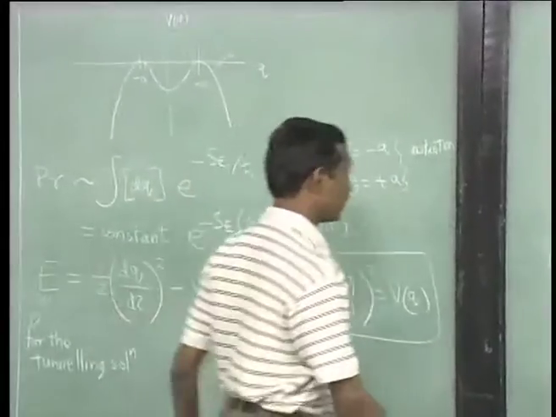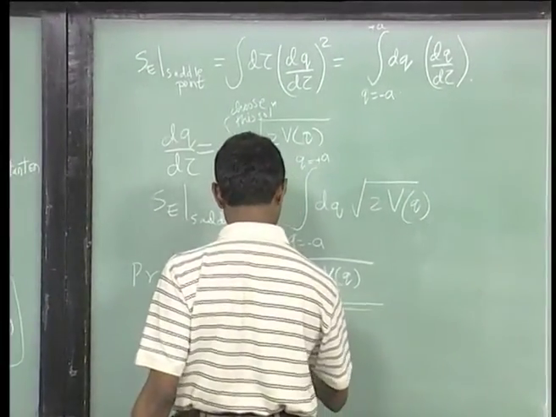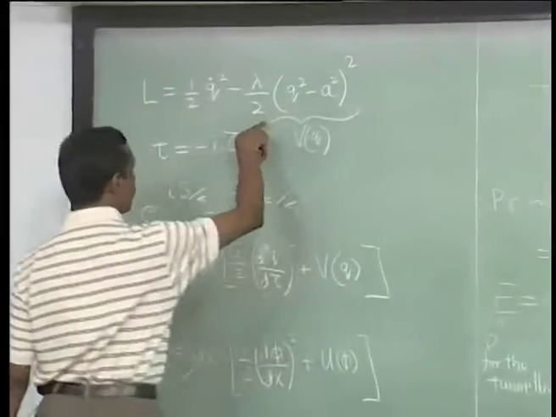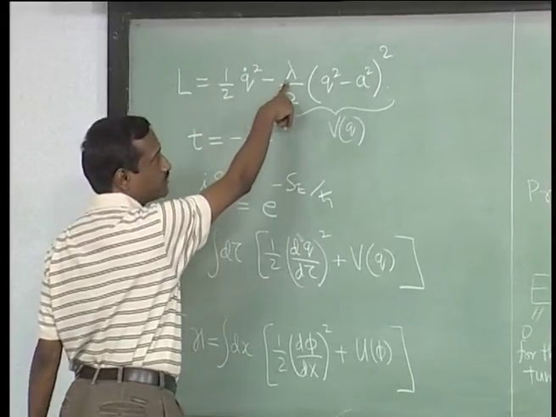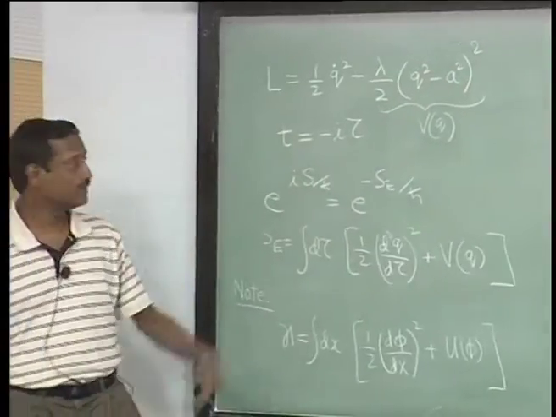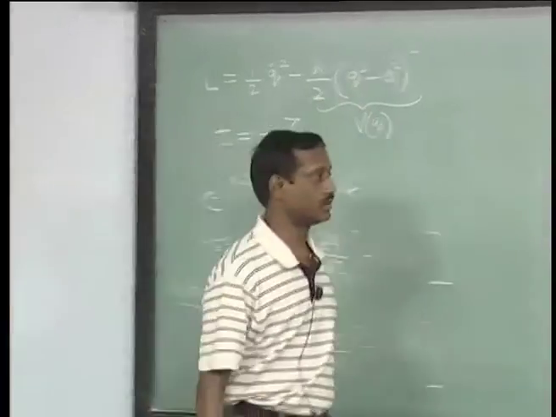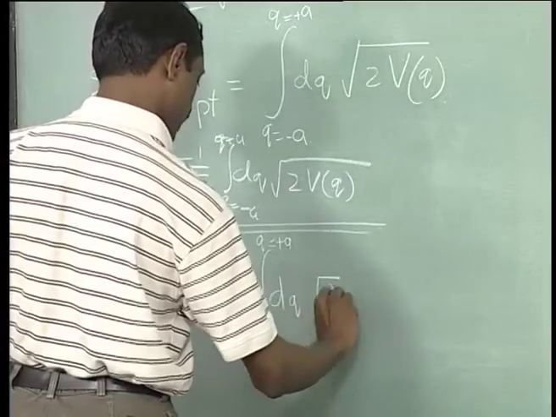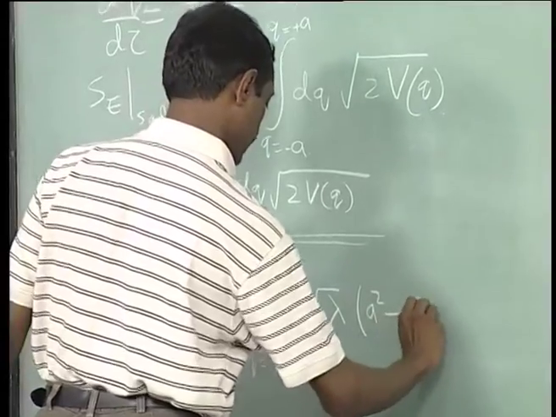So, 2 times that, the 2 will go away. I am left with the square root of lambda times the square root of this thing, but I have to make sure that it is positive. In the region I should choose the positive, I should choose a squared minus q squared. So, this will just become dq square root of lambda into (a squared minus q squared).